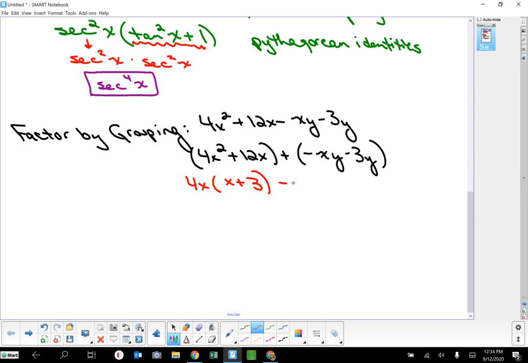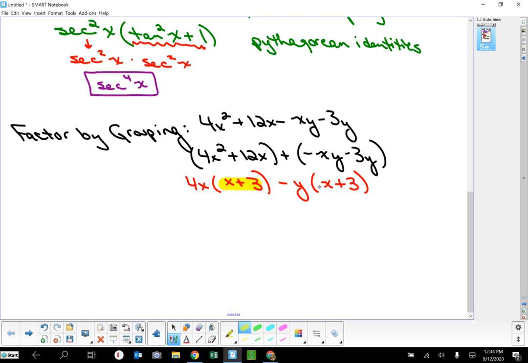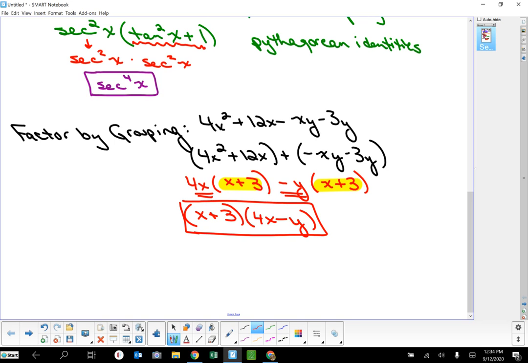I can take a negative y out of here, which leaves me an x plus 3. Recall that these quantities have to be identical in order to continue with GCF or grouping. And so that x plus 3 comes out front, and the two GCFs left over go into the second set, and that would be the answer to that factor by grouping problem.